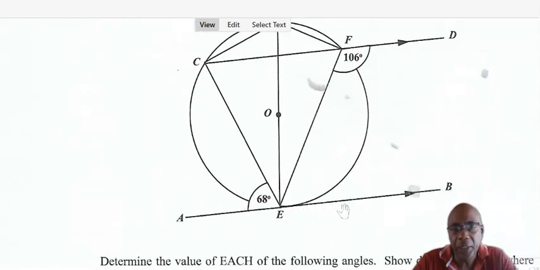AEB is here. It's a tangent because it touches the circle at one point only. And it is parallel to CD, which means these two lines point in the same direction. They will never meet, no matter how far you produce them in a straight line.